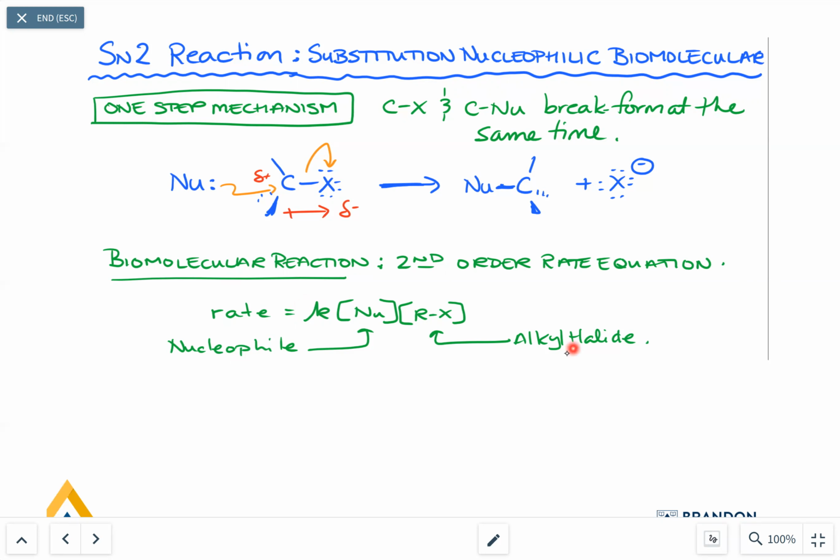And so this is interesting. We'll get to the energy diagram in a second. So the nucleophile has to hit carbon, and the leaving group leaves. Remember before I said that there were a number of different things which would affect the activation energy for an energy diagram.